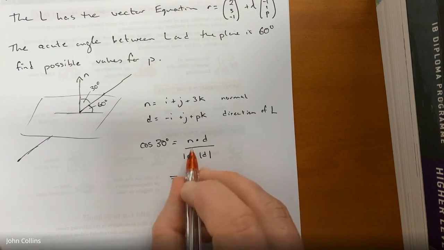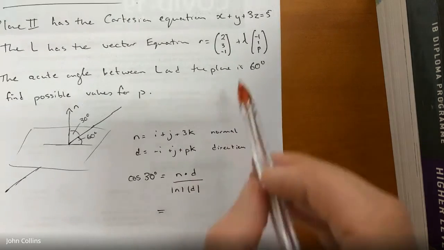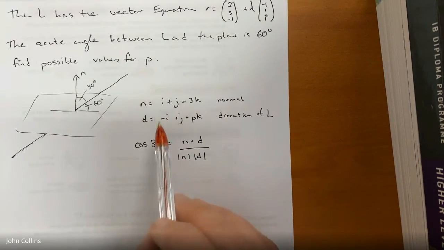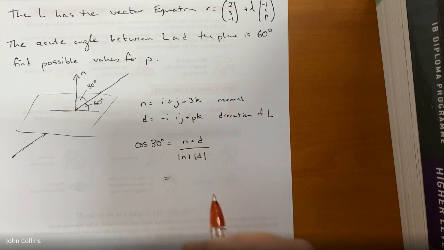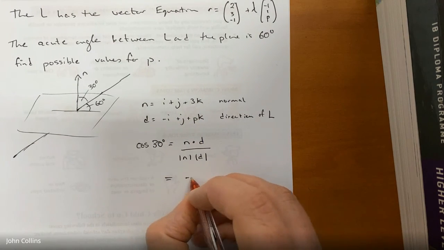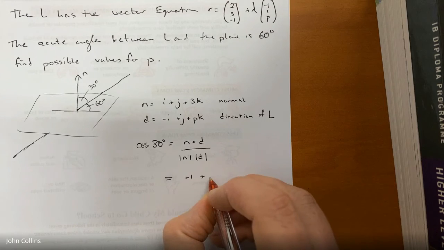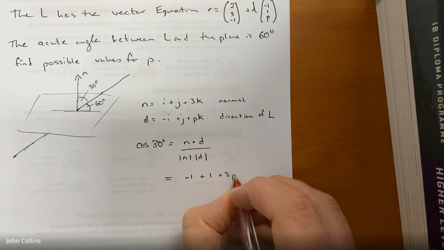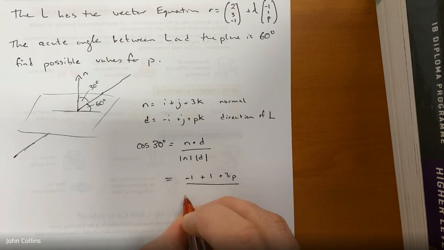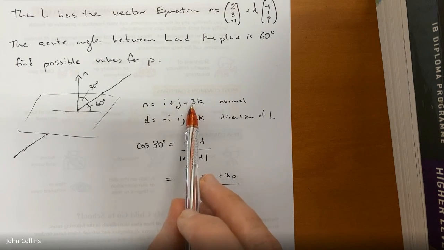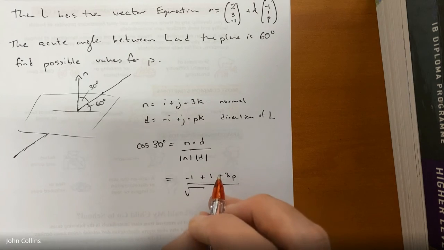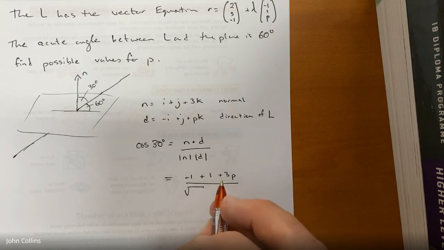Okay, so dot product then is the same thing again. 1 times minus 1, 1 times 1, and 3 times p on top. So it'll just be 3p in the end, right? Minus 1 plus 1 plus 3p. Yeah, you're jumping ahead of me here. And then the square roots of 1 squared plus 1 squared plus 3 squared, which is 11.